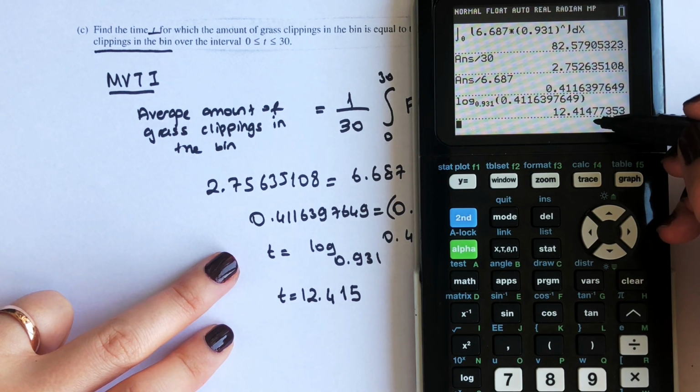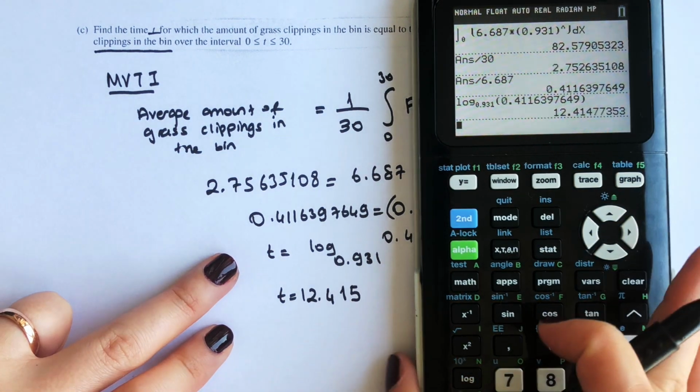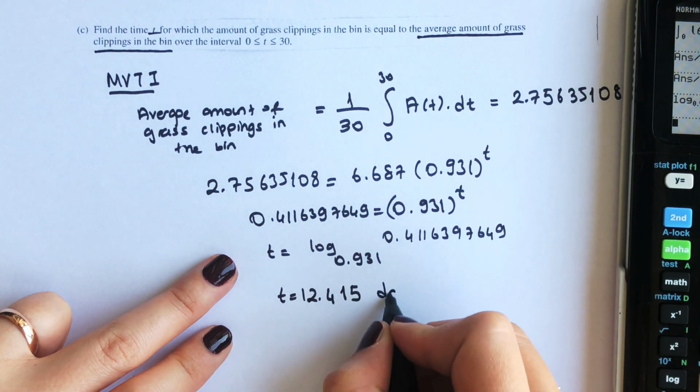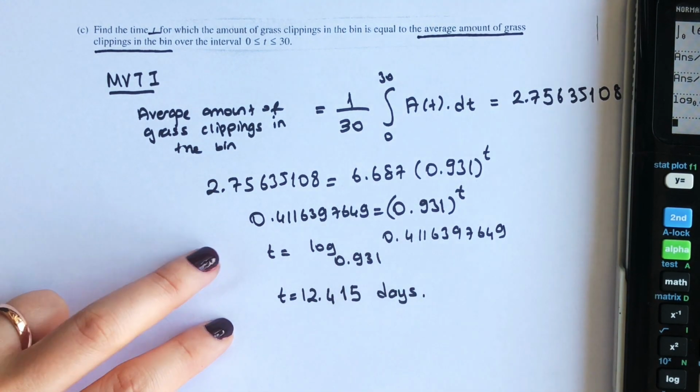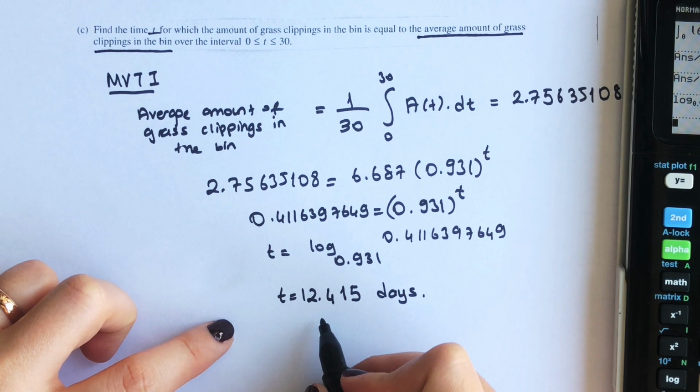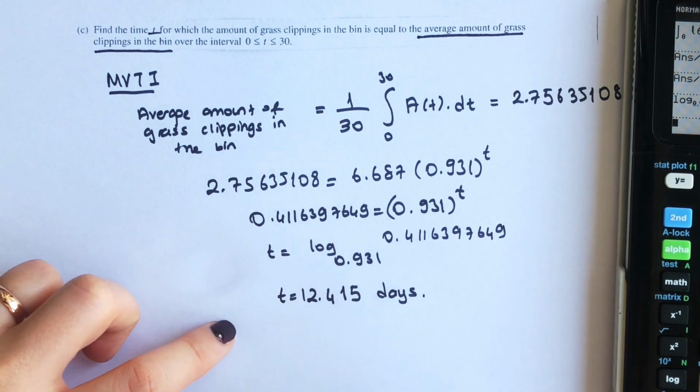Why 5? Because after 4 we have 7, then it means that we can round off to 5. It will be days. T is 12.415 days.